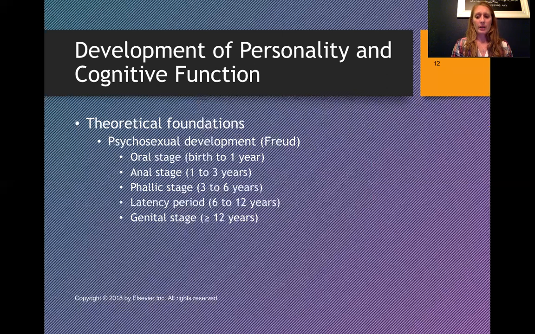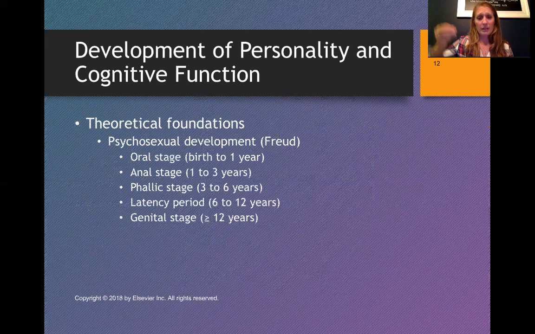So with Freud, we're looking at the physical development in conjunction with the mental development, and the growth stages. Each growth stage along the way is going to depend on the completion of a specific task. So the oral stage you have to complete before you move on to the anal stage.